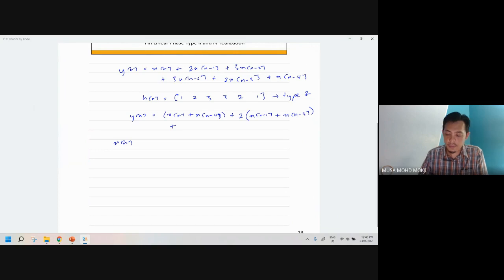And then the other pair is 3, xn minus 2 plus xn minus, this is 1, 2, 3, 4, 5.